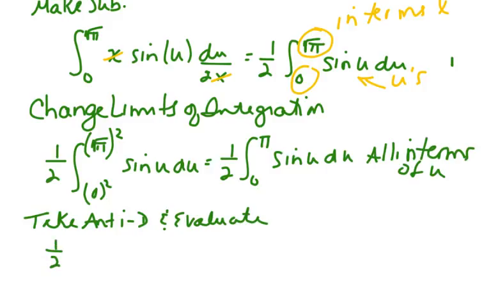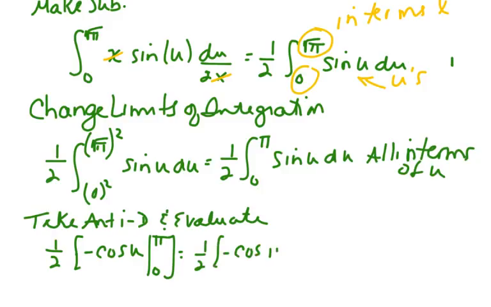So this becomes 1/2 bracket minus cosine of u evaluated between 0 and pi. And this is equal to 1/2 times minus cosine of pi minus minus cosine of 0.